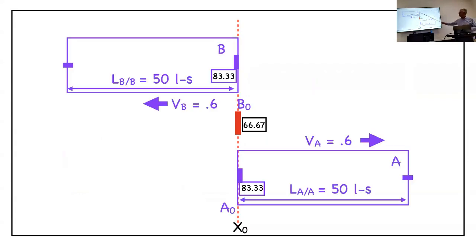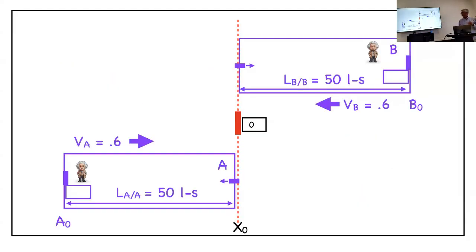When B naught gets to X naught, let's say Einstein has a twin. Here's Einstein A and Einstein B. And Einstein A has heard about special relativity at this point.